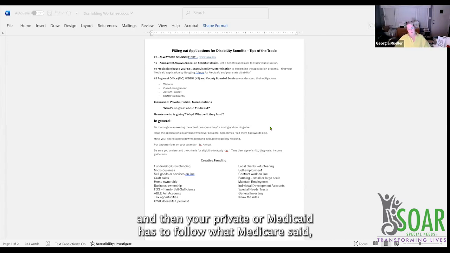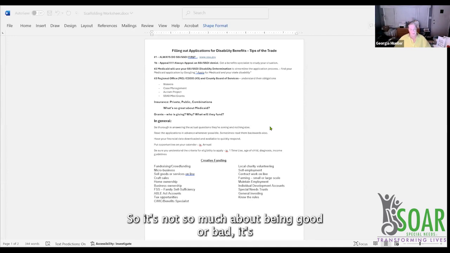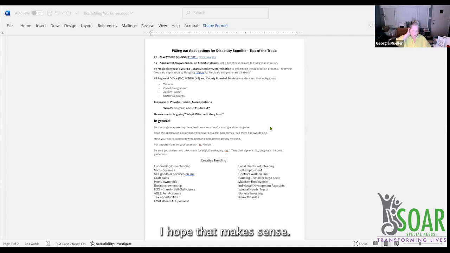And then your private or Medicaid has to follow what Medicare said because they're the main decision makers. So it's not so much about being good or bad, it's about how the different rules are laid out, how these different policies interface with each other. I hope that makes sense.